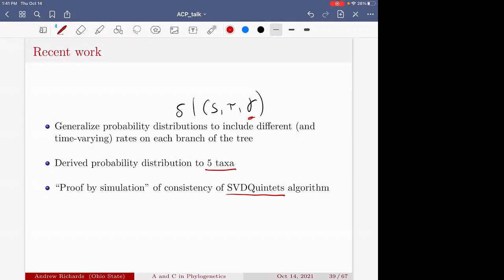Right now, it's just proof by simulation. We can simulate that this SVD quintets algorithm should be consistent. But unfortunately, there is just a ton of algebra to get to anything approaching a formal mathematical proof. So it looks like it's going to work, but we don't have a formal proof that it will be consistent. Those are the things we're working on now as far as extending this.